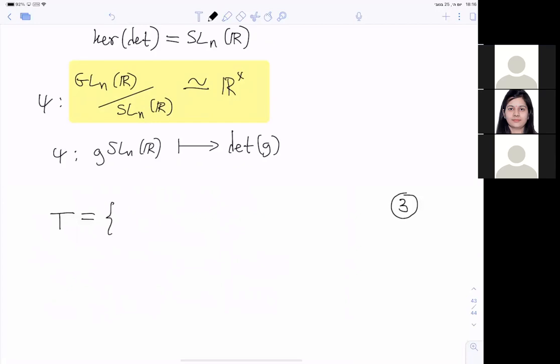I mean, all complex numbers with modulus 1. This is what we draw as the circle.